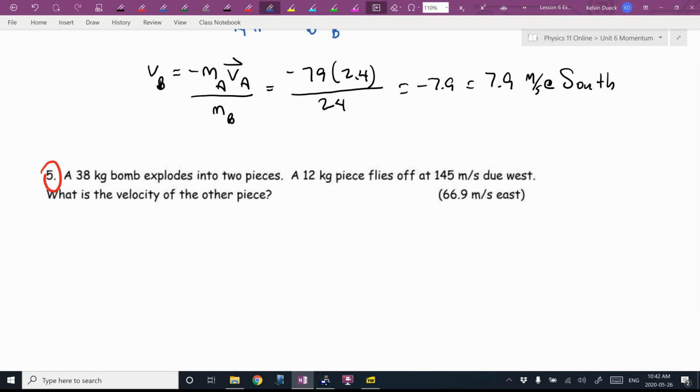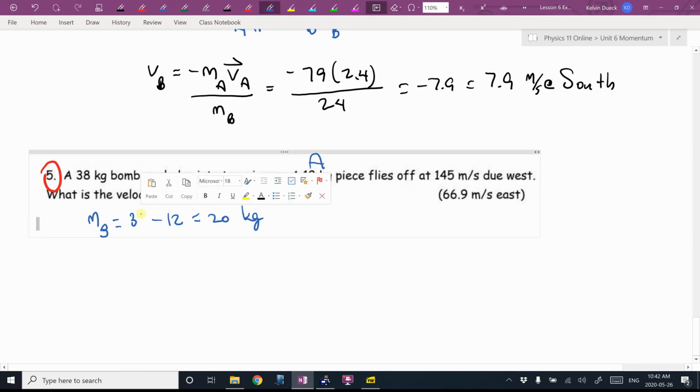Our initial momentum is 0. I'll call this mass A, and mass B is going to be 38 take away 12, which is going to be 20 kilograms. Nice try, almost fooled me there.